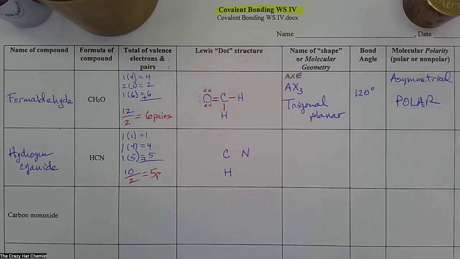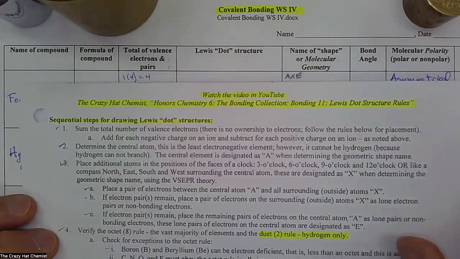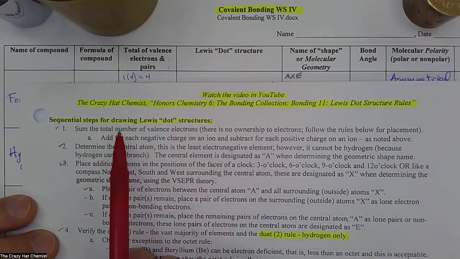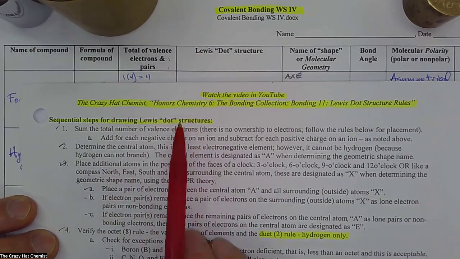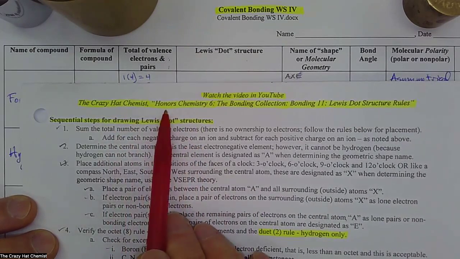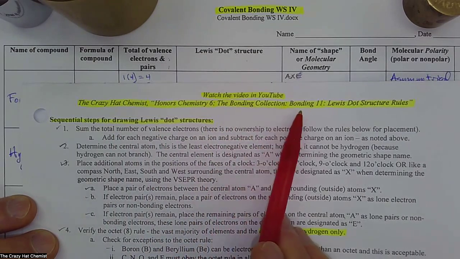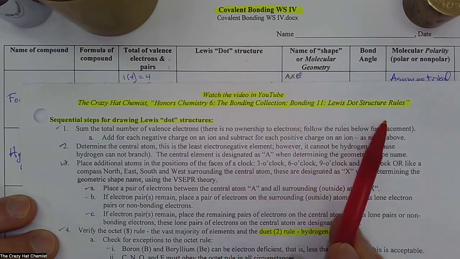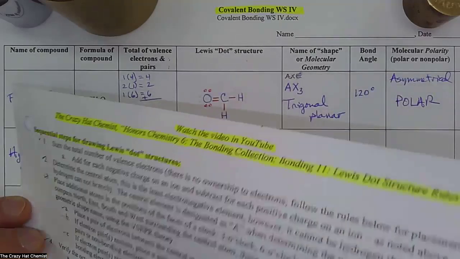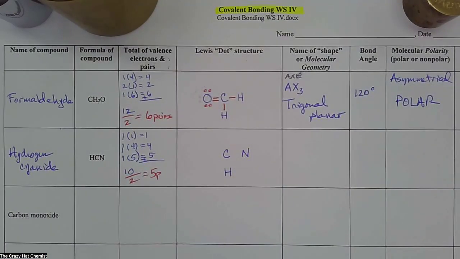Again, you're going to be following these sequential steps of the Lewis dot structure rules. If you want to look at this in more detail, go to my Honors Chemistry 6, the bonding collection, video number 11, Lewis dot structure rules, where I spell them out for you quite nicely. But I'm just going to be applying it right now.